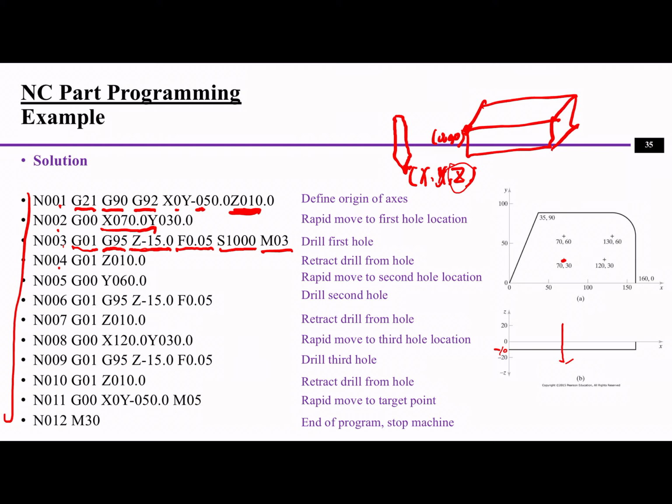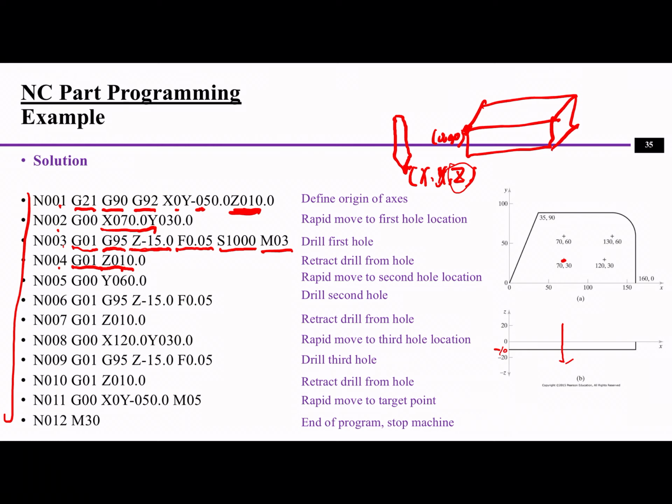Then after we drill the hole, what's going to happen next? G01, the linear movement, is going to move Z back to the original height, because we can't let the tool sit there forever.